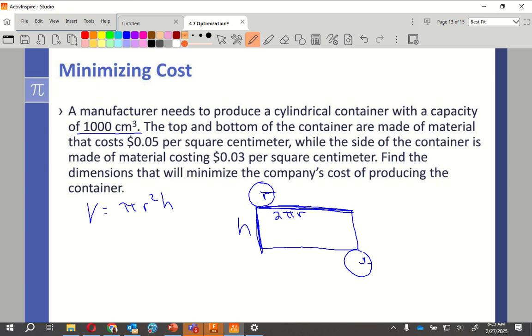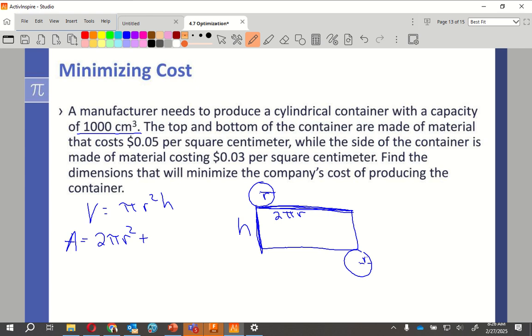So I have to add together the different things. For my surface area, my formula is going to be two circles that have an area of pi r squared, plus the lateral surface area.